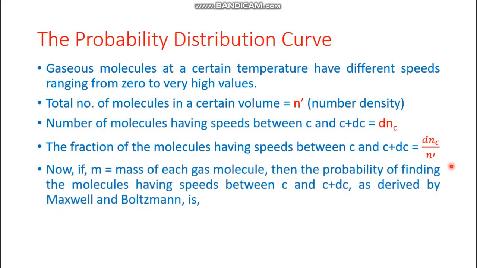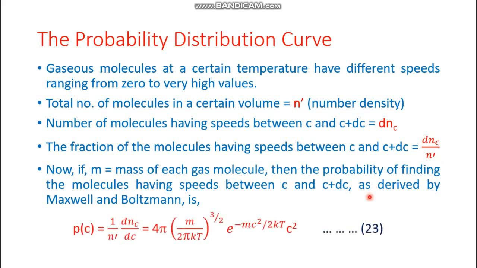Now if m is the mass of each gas molecule, then the probability of finding the molecules having speeds between c and c plus dc, this expression has been derived by Maxwell and Boltzmann, and from the graphical presentation of this expression we get the probability distribution curve.